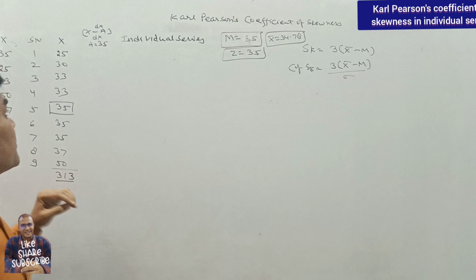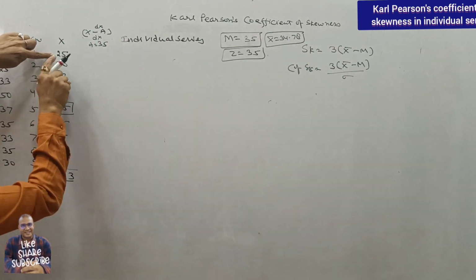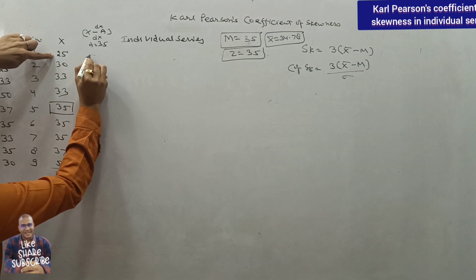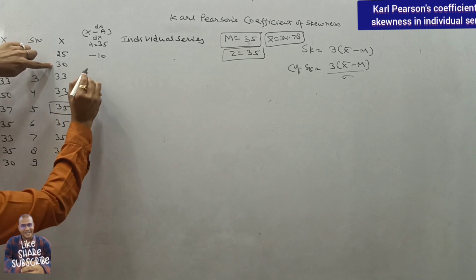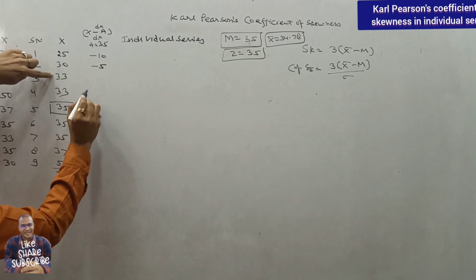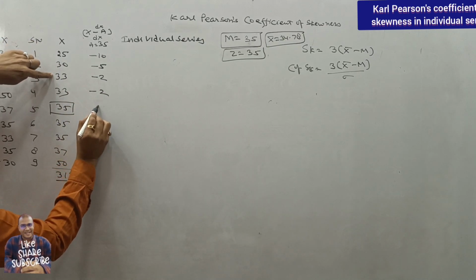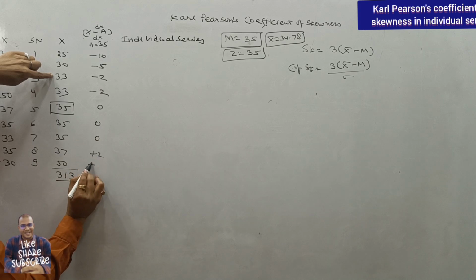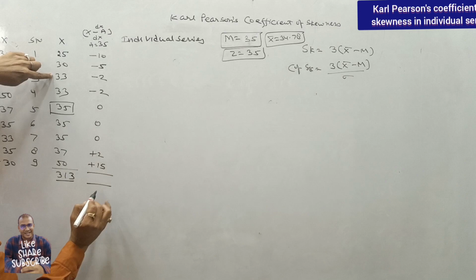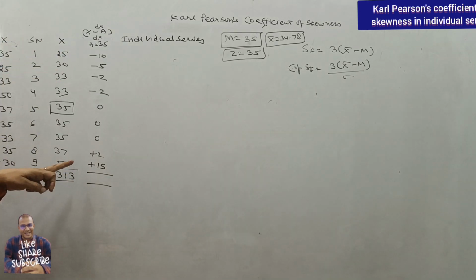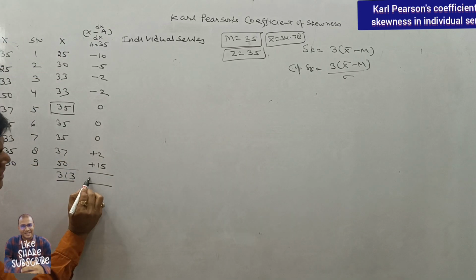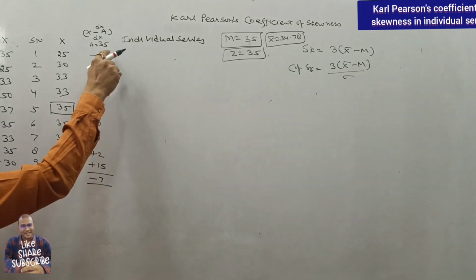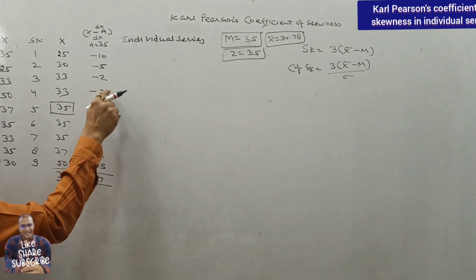So the deviation from 35: 25 minus 35 is minus 10, 30 minus 35 is minus 5, minus 2, 0, 0, 0, plus 2 and plus 15. So this total will be minus 2 only, because 15 and 15 cancel, 2 and 2 cancel.